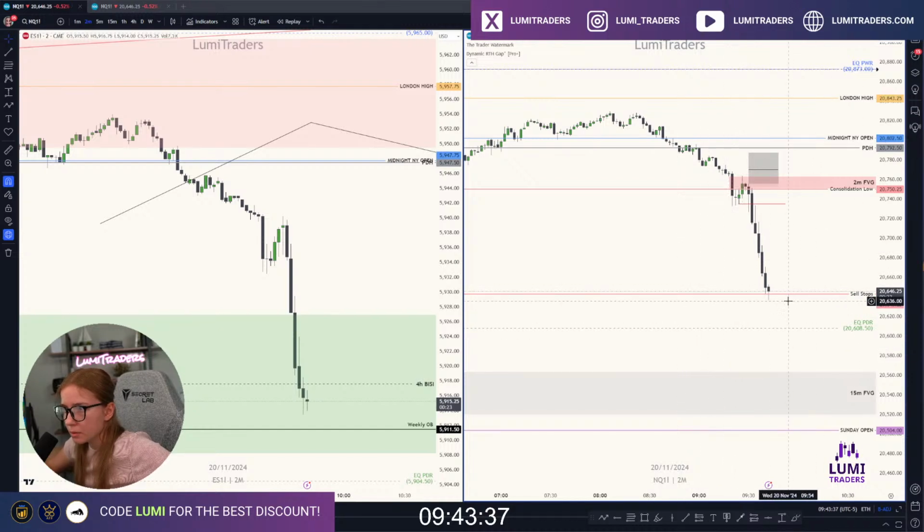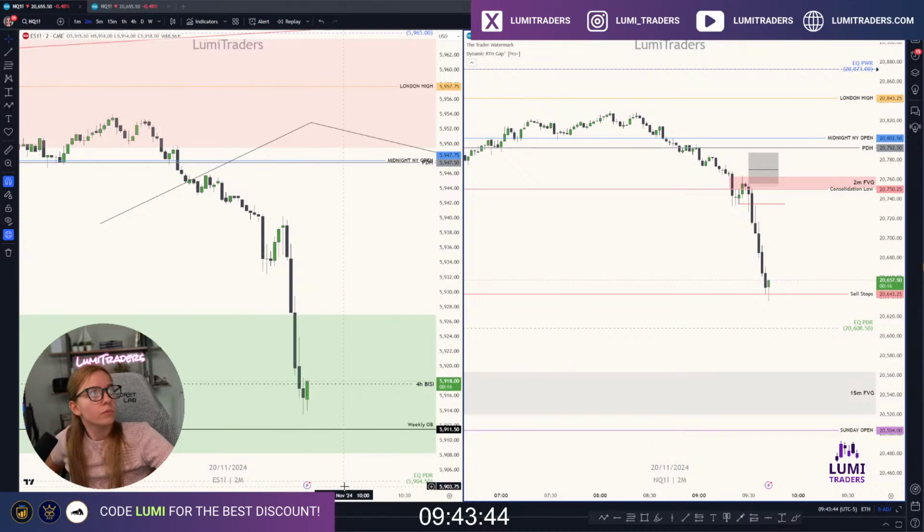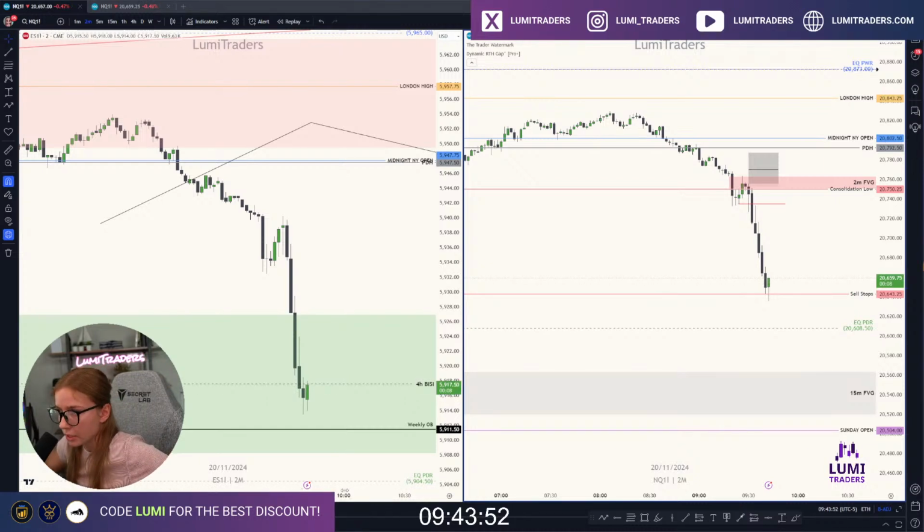Okay, sell stops taken. My first point of interest right here on ES as well. Also, we got 4-hour BPR, right? On NQ. Oh, on ES as well. So that's going to be interesting how we can react right now.